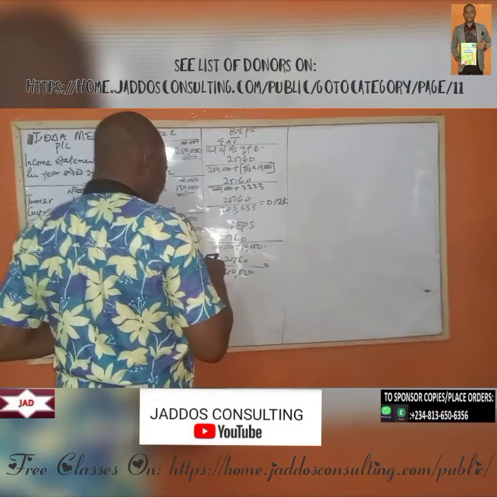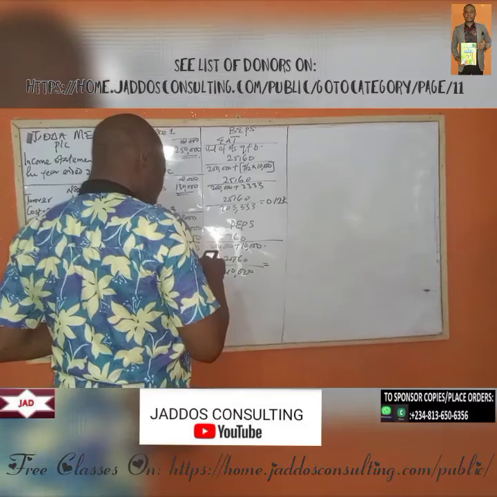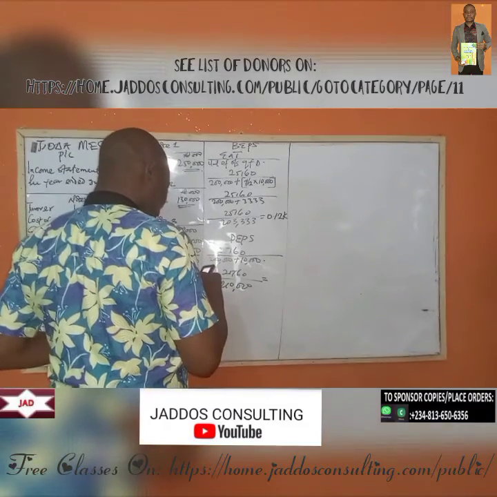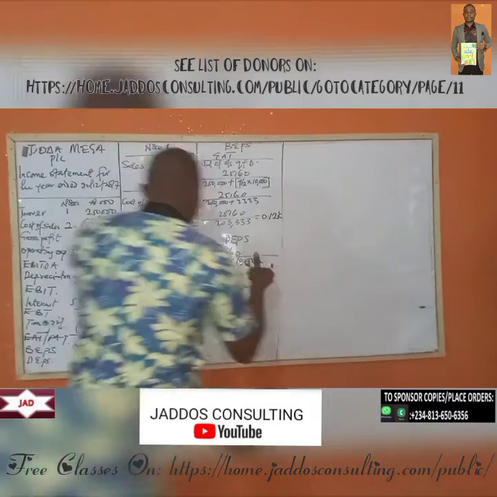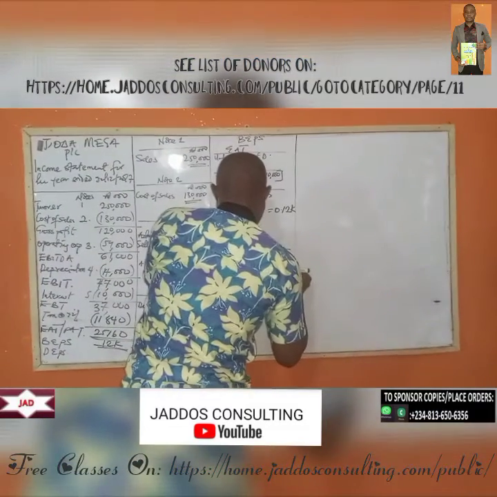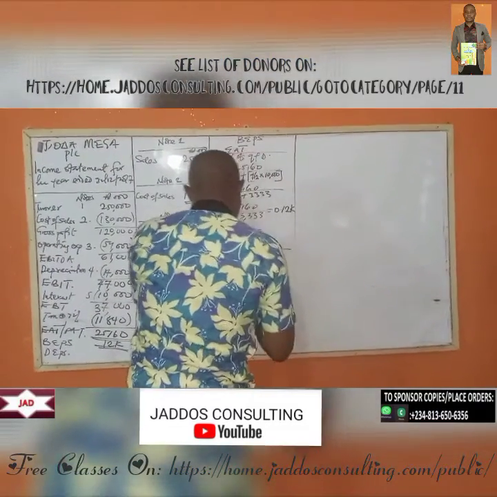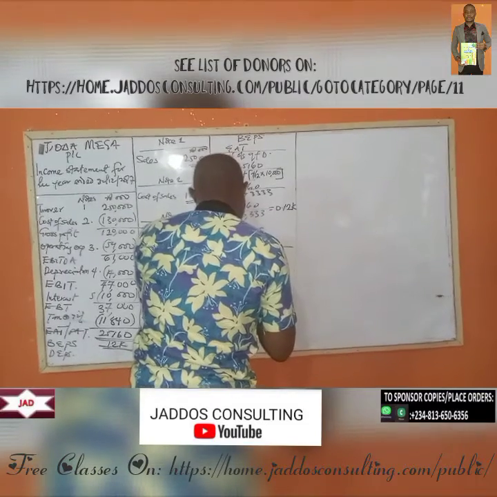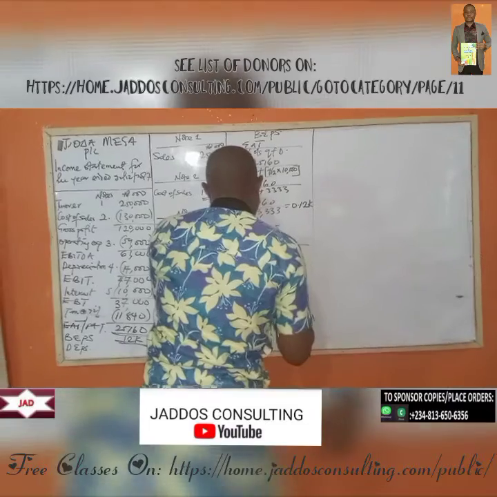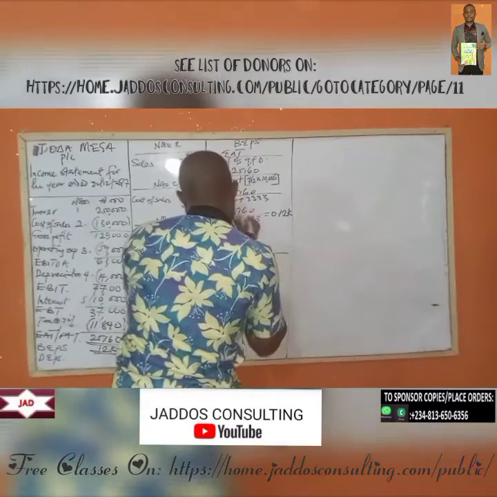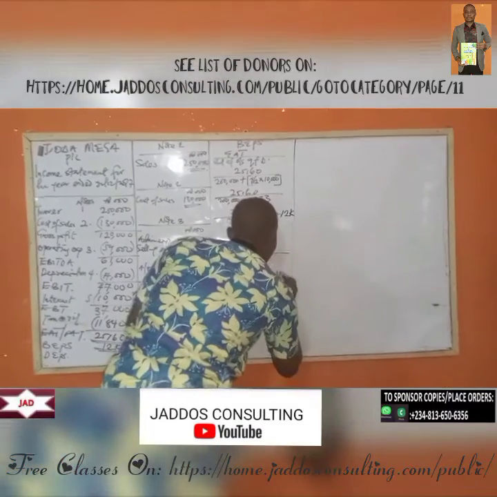25,160 divided by 210,000. So what do you have here now? I have 11.98 kobo.